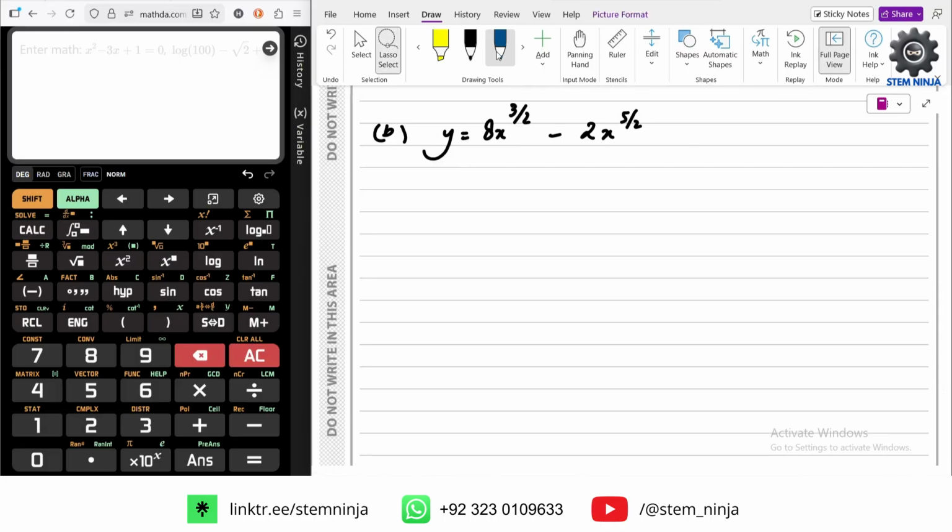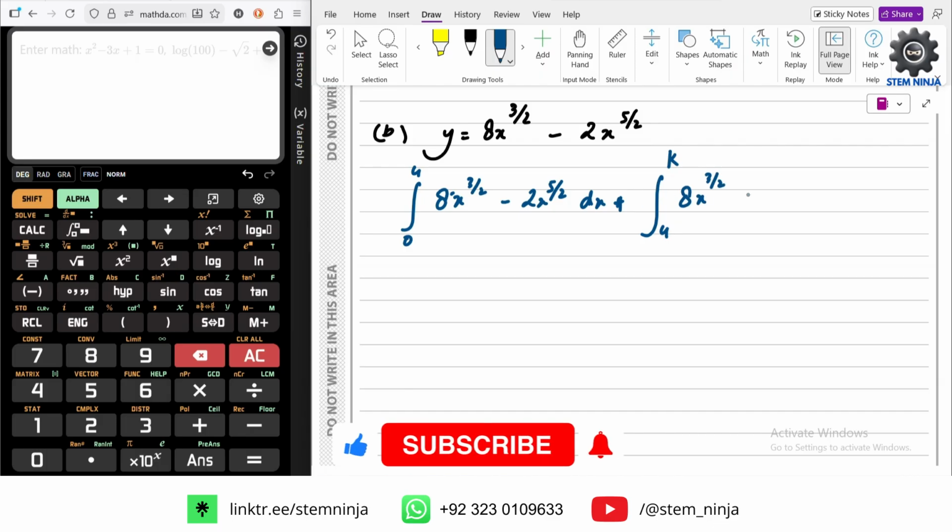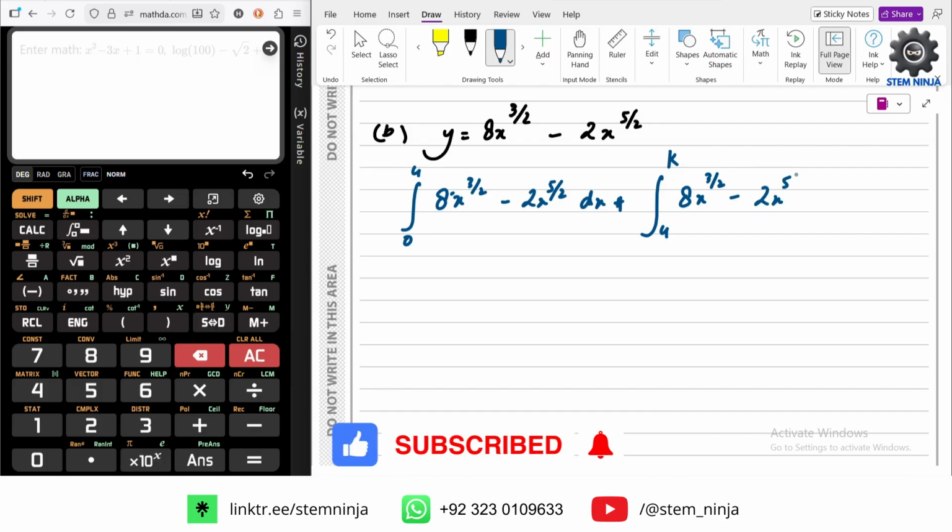Now we said that the sum of these two areas, from 0 to 4 of 8x^(3/2) minus 2x^(5/2) dx plus from 4 to k of 8x^(3/2) minus 2x^(5/2) dx, is 0.